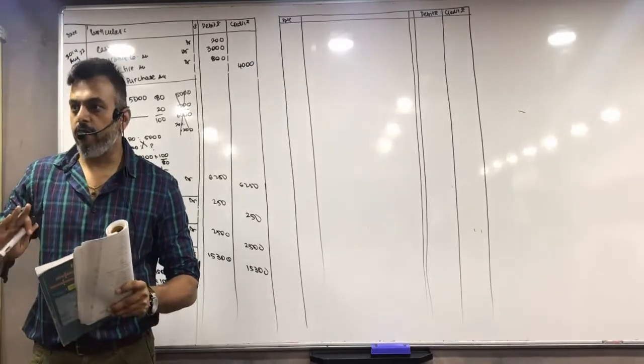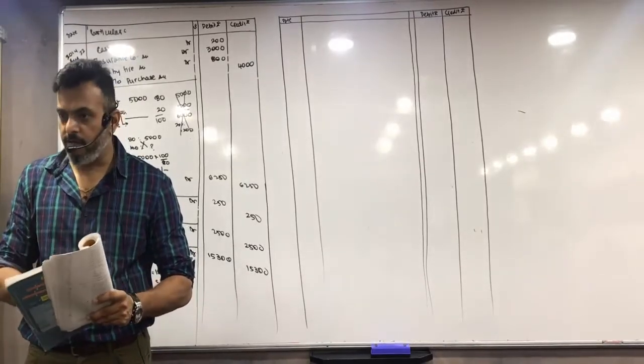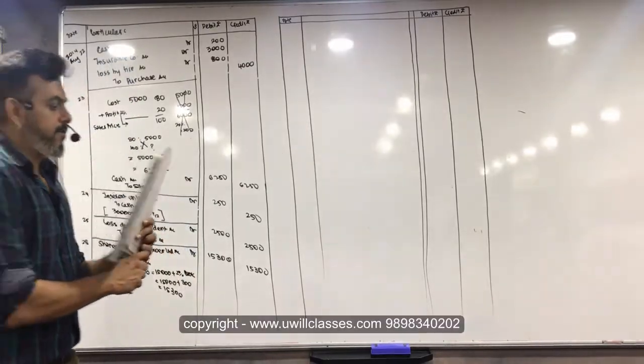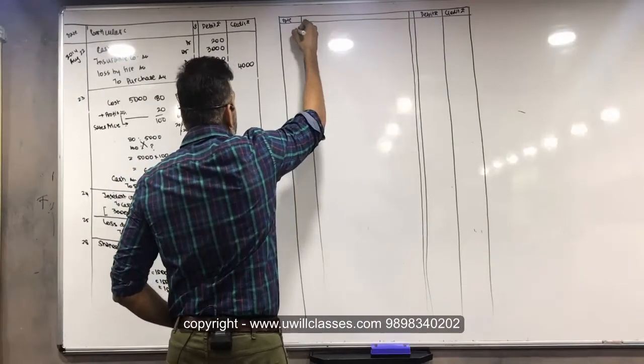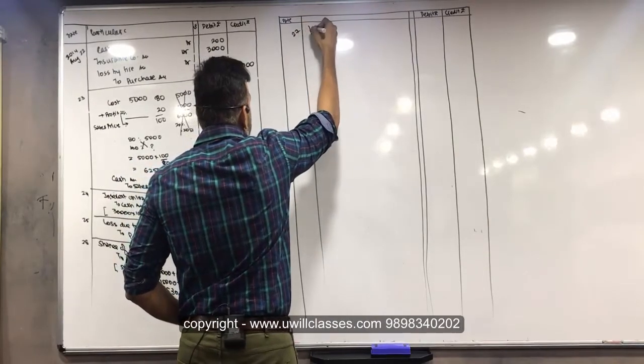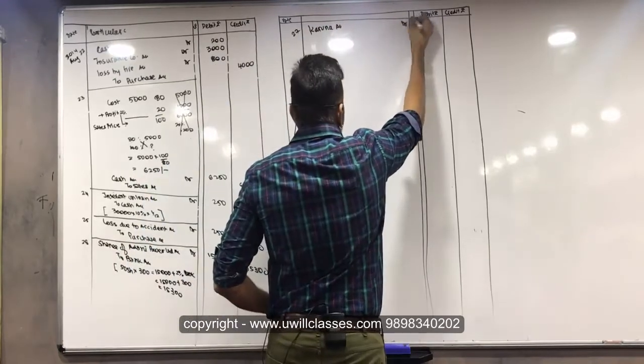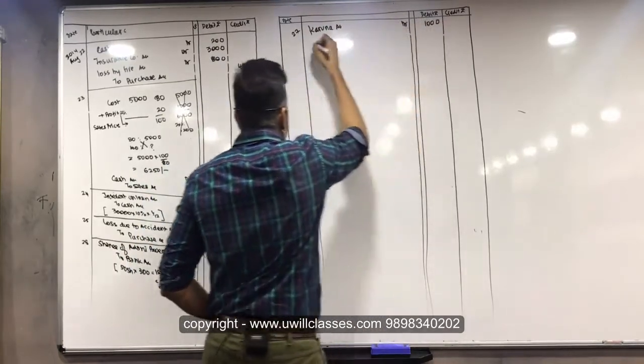No details of payment is given and name is given, so it's a credit transaction. So let's write 27: Karuna account debit. Amount is 1000.